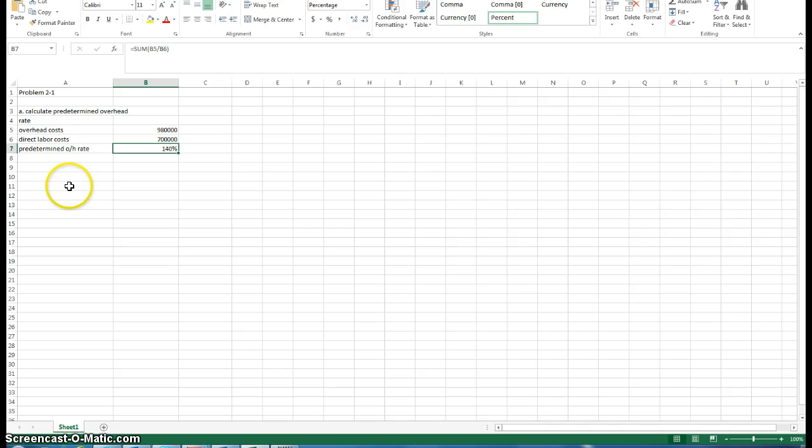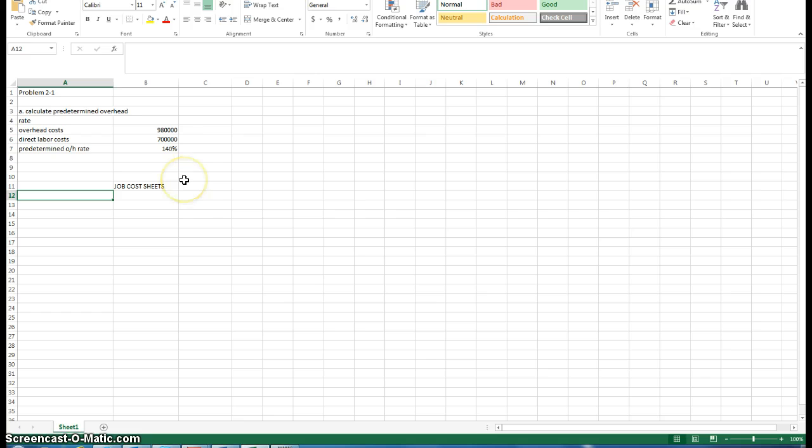So let's start and create a job cost sheet here. Job cost sheets, and I'm going to call it job number 50. And for this, we're going to show the date, the direct materials, direct labor, and manufacturing overhead.